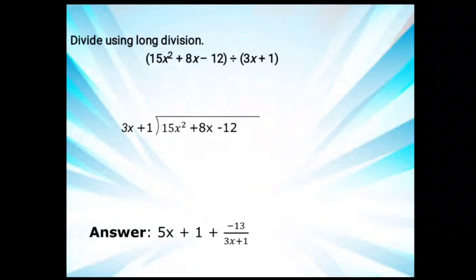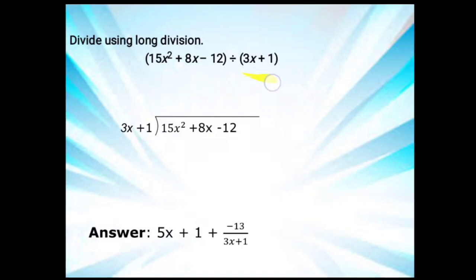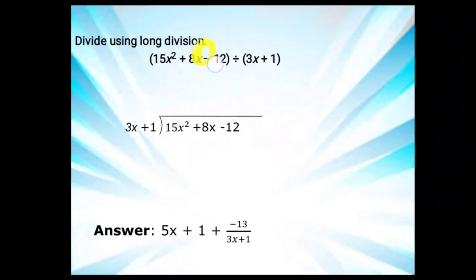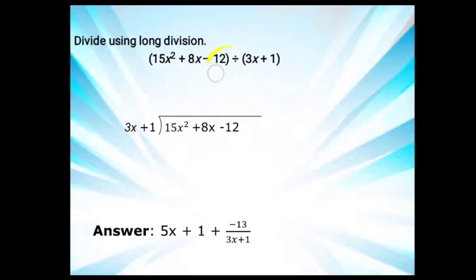Let's try another example. So, divide using long division, 15x squared plus 8x minus 12 divided by 3x plus 1. Okay, so as you can see, it is already written in standard form and there is no missing term because when we look at the exponent, we have 2, then the exponent of this term is 1, then after that, constant.